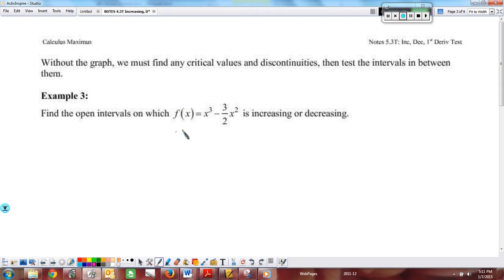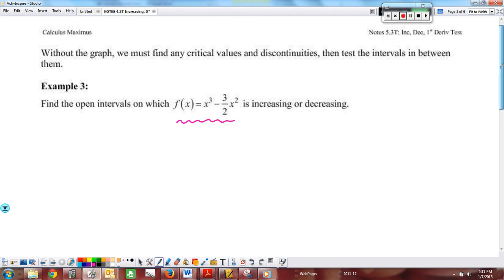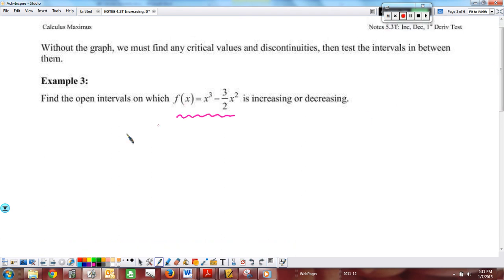So to use calculus, we're going to be looking at a function, and we're going to use calculus to determine where the function is increasing or decreasing. We have a continuous function, so we're going to determine our critical values. So we're going to find the derivative, f prime of x, 3x squared minus 3x.